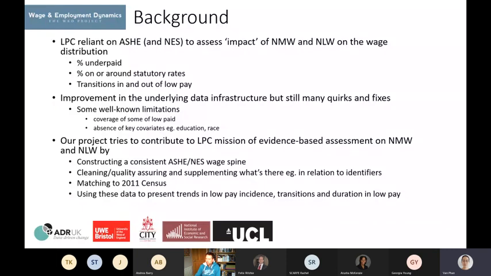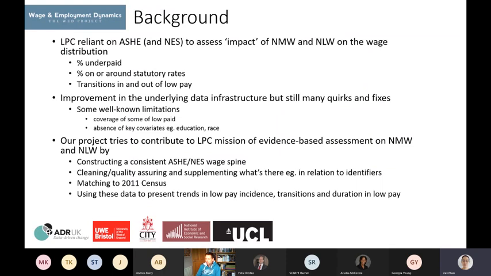So LPC is basically relying on the ASHE and NES to assess the impact of the national minimum wage on the wage distribution. We are trying to improve the data infrastructure, but there are still many quirks and fixes.